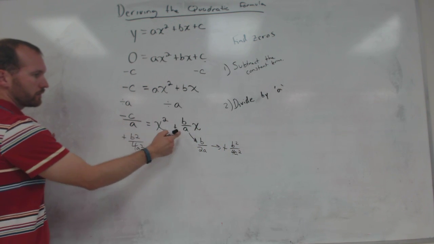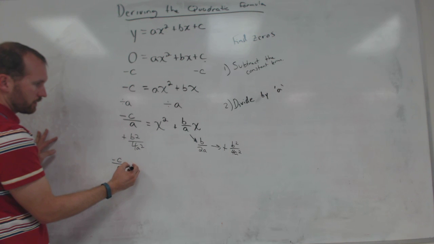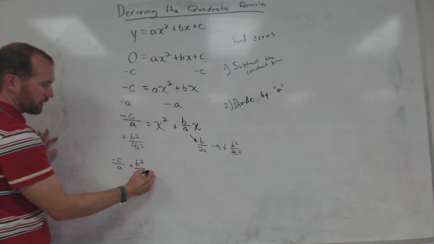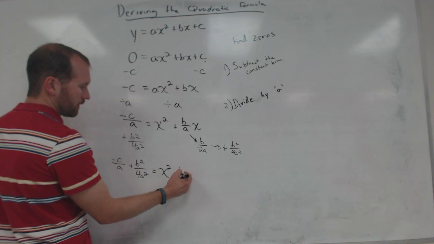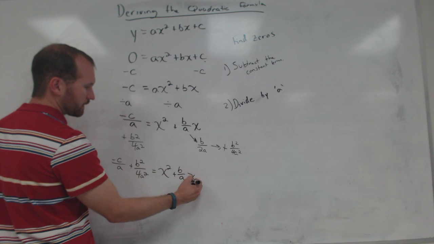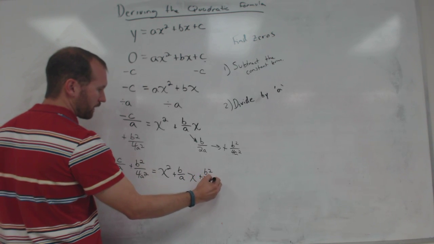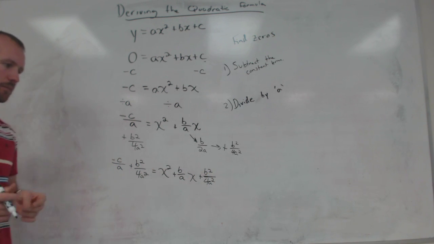I had up here, which is going to give me negative c over a plus b squared over 4a squared equals x squared plus b over ax plus b squared over 4a squared.